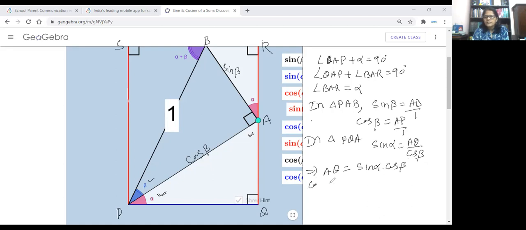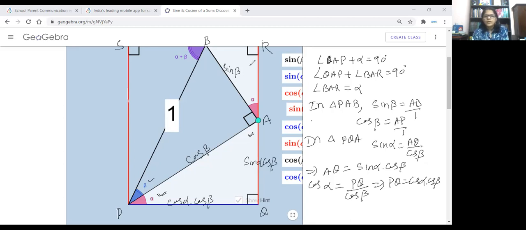Similarly, cos alpha is PQ by cos beta. So this implies PQ equals cos alpha into cos beta. So this is your cos alpha into cos beta. This side AQ equals sine alpha cos beta. Okay, this triangle is over now. All three sides we got.